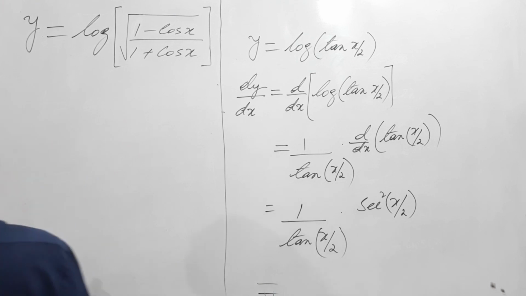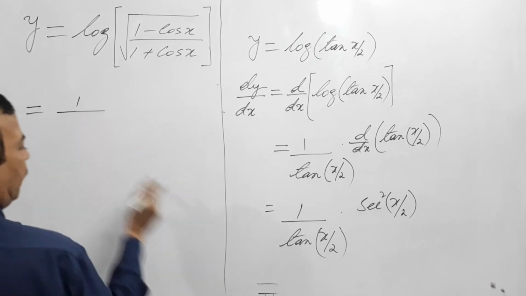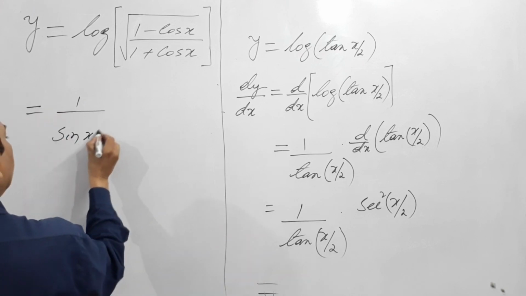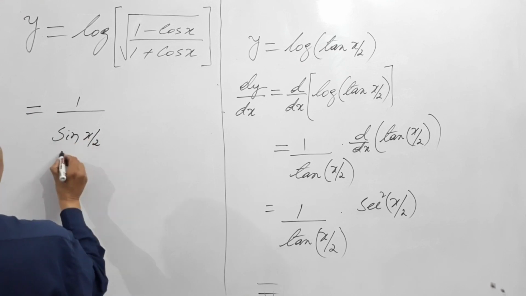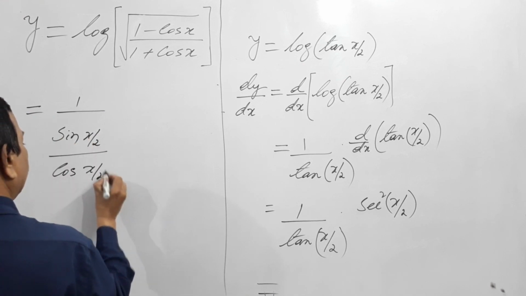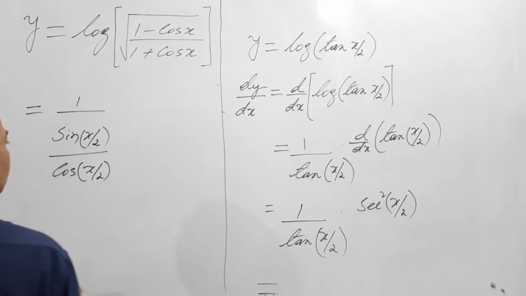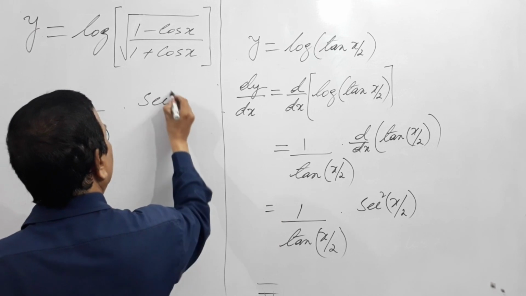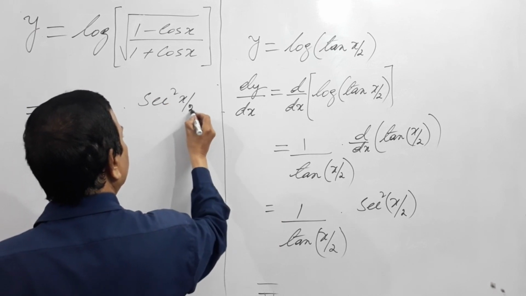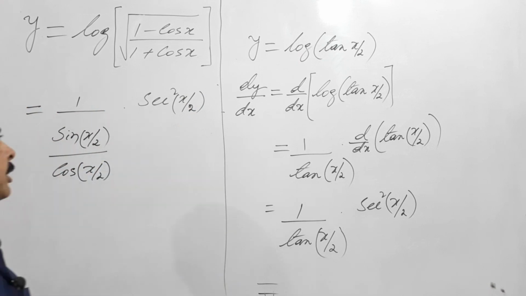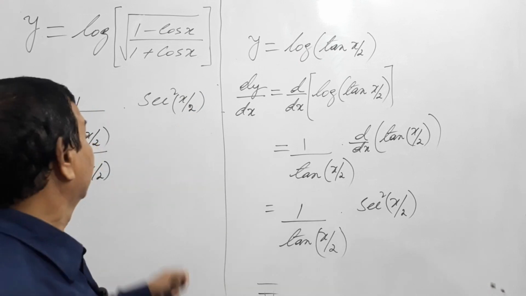So this can be written as, in the previous class we have done this, 1 by tan, which is sin x by 2 divided by cos x by 2, into secant square x by 2. X by 2 in the sense it is half angles; I'll teach you when we do compound angles.